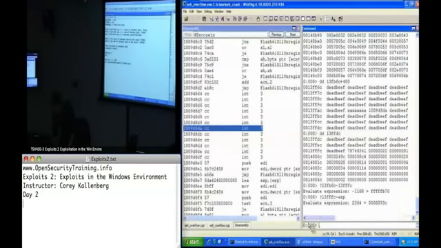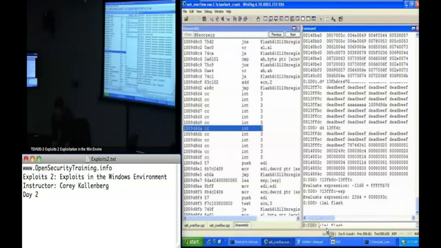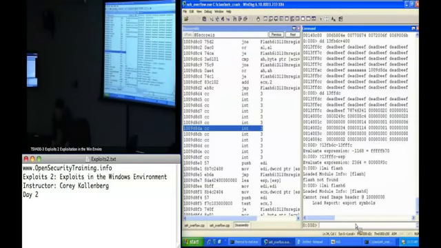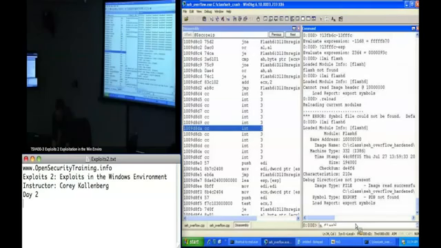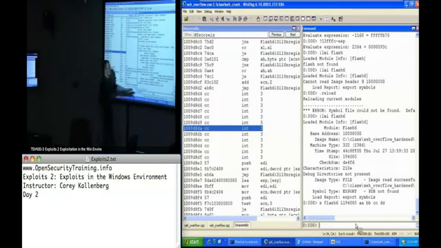So you can search Flash. And the bytes you're looking for, you have to figure out what bytes it is you're actually searching for.